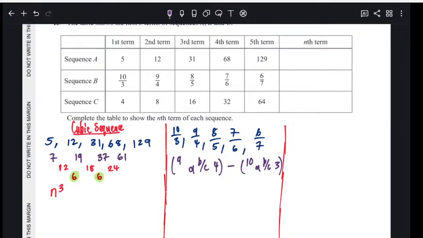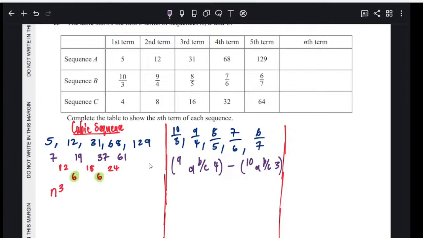Come on, I always say that. Give it to me as a fraction.